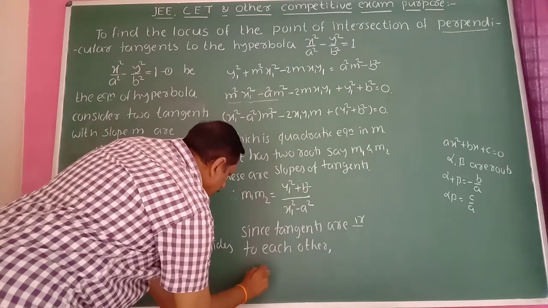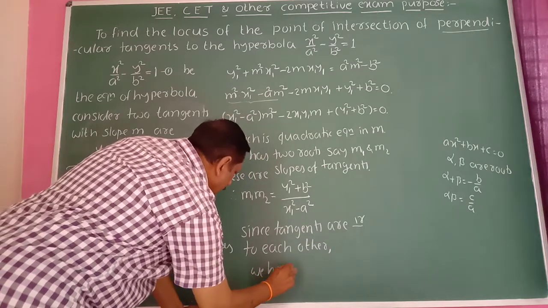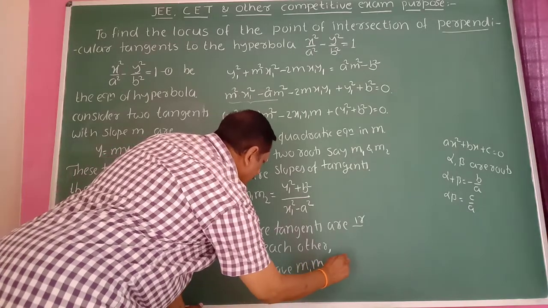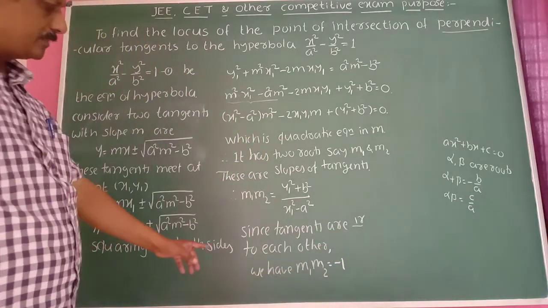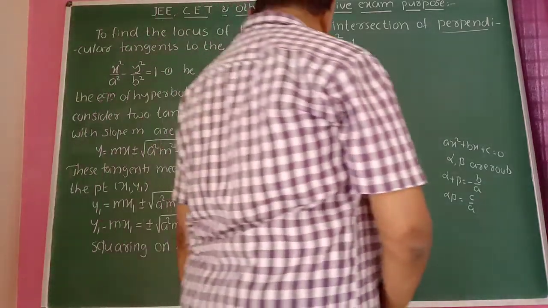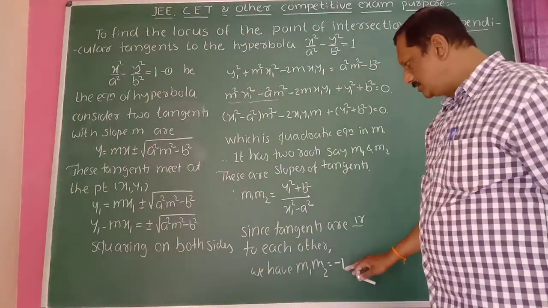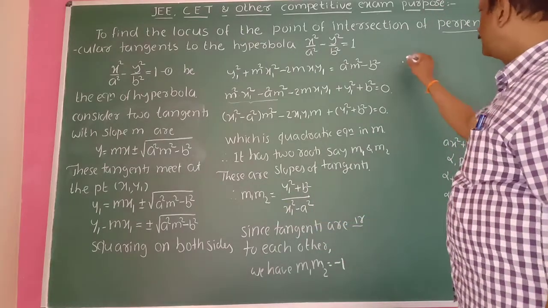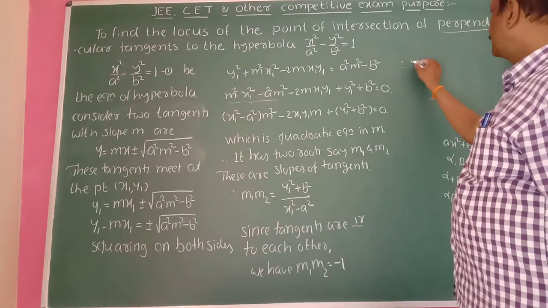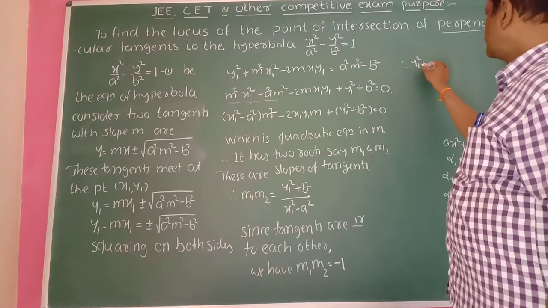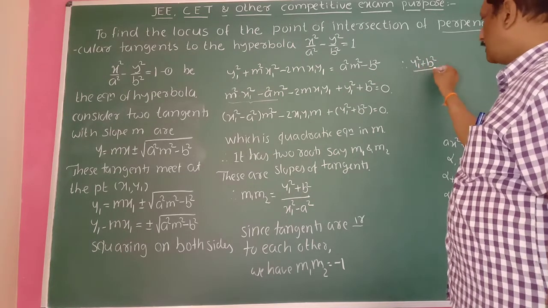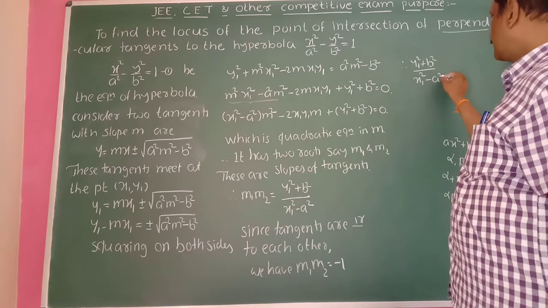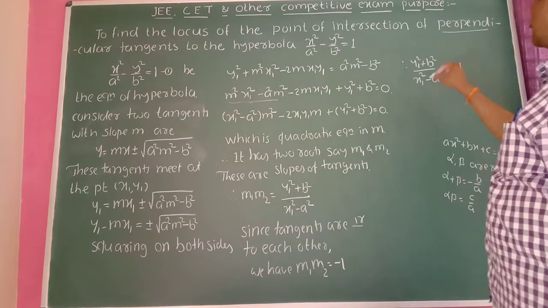We have m1 into m2 is equal to minus 1. So use this result. Using these two results, y1 square plus b square divided by x1 square minus a square is equal to minus 1.